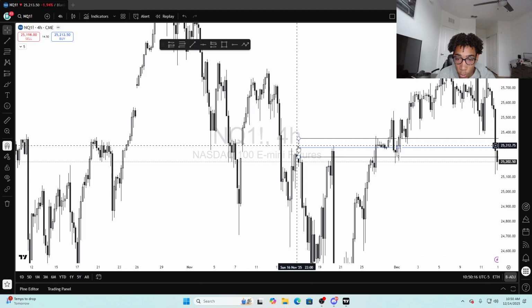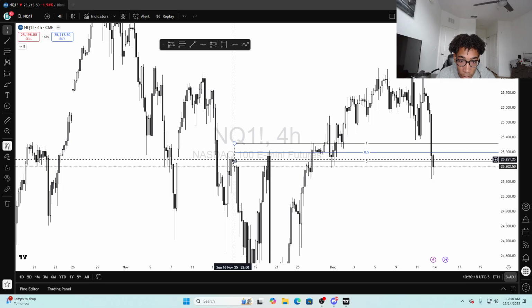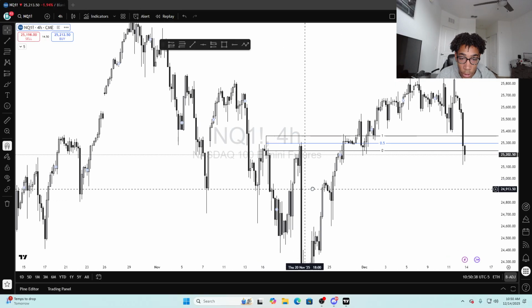So in this example right here, as you can see, we left this rejection block, and if you're trading around this time, we would get this 4-hour closure. This should let you know that we are rejecting from this area, and now we are bearish. So instead of just using it to bottom and top tick like here on Thursday, here on Monday, you can use it to give you a bit of market direction, right?